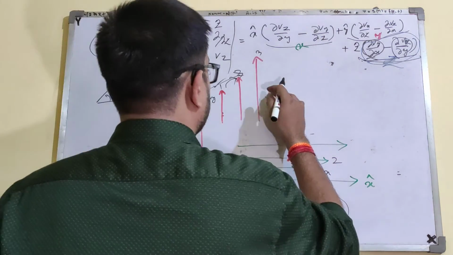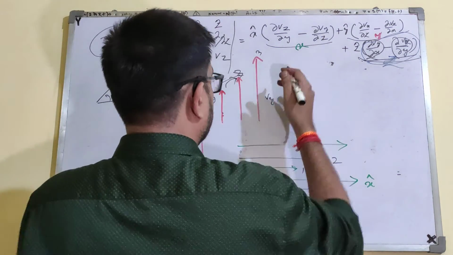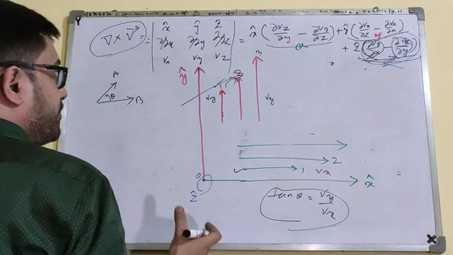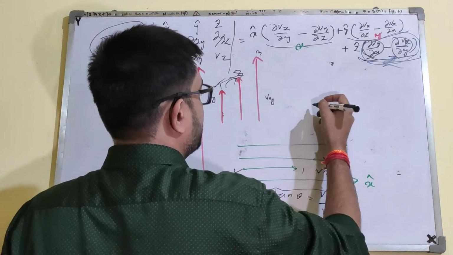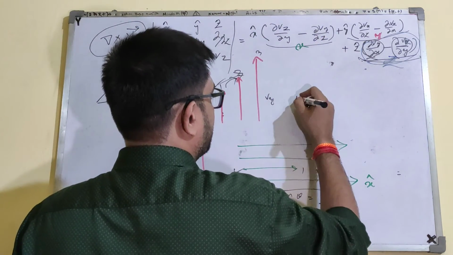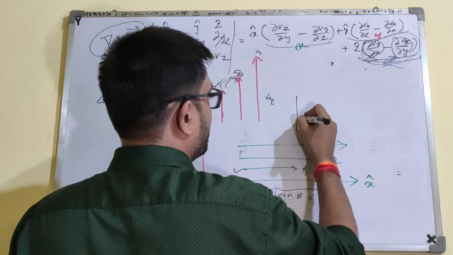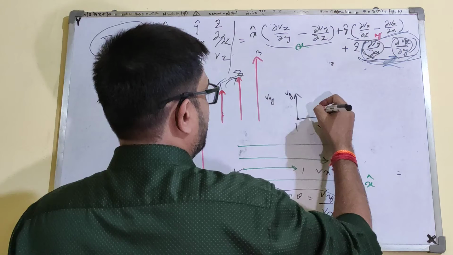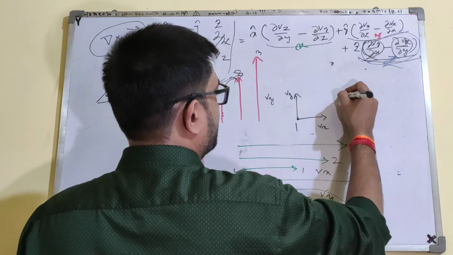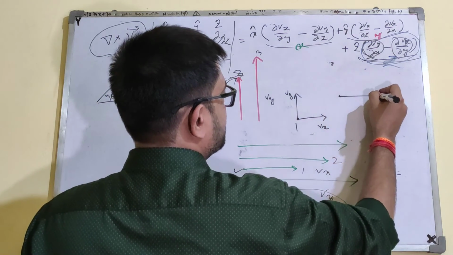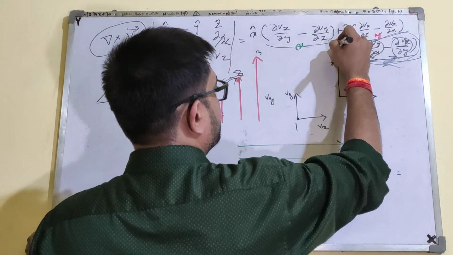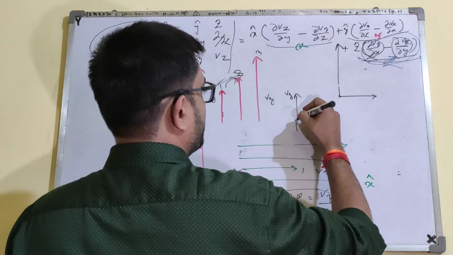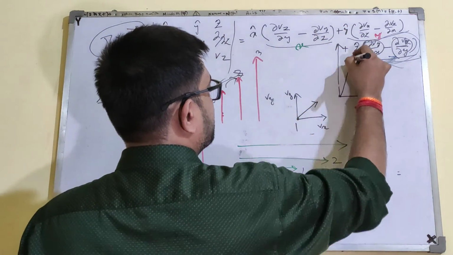What happens if Vy increases much more rapidly than Vx does? Like here at point number 1, let's say this is Vx and this is Vy, but once you go to point number 2, Vx increases slightly but Vy increases much more. So here this is the vector, but here the vector is like this.